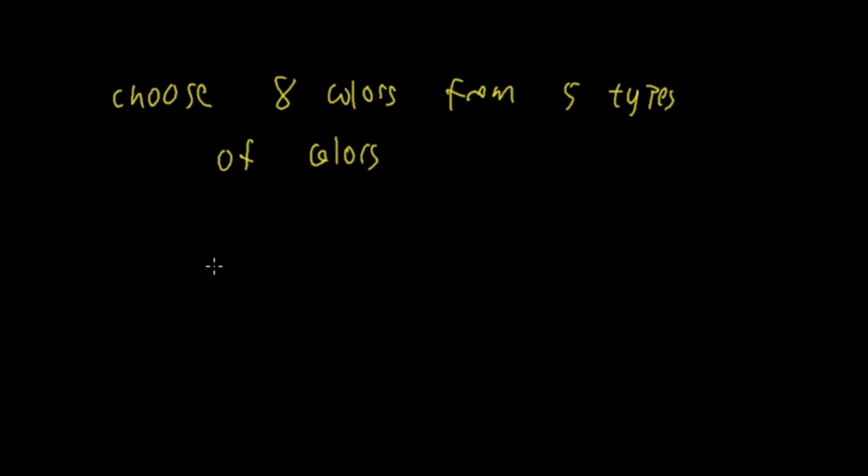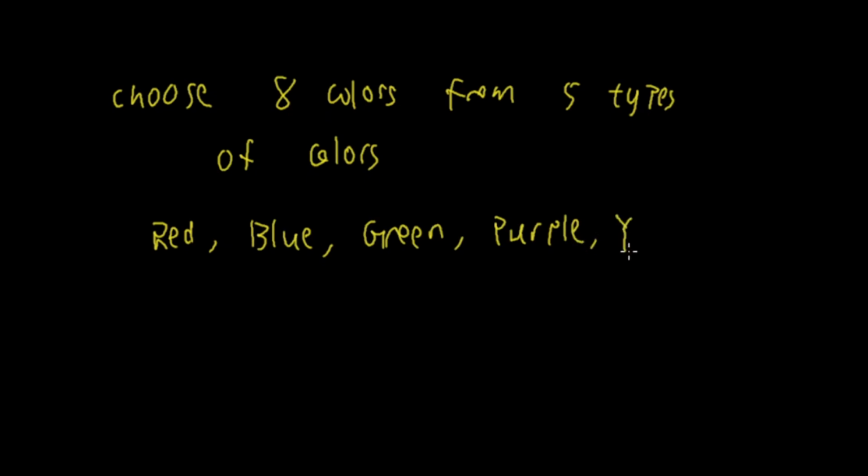Let's say we have these 5 types of color: red, blue, green, purple, and yellow.